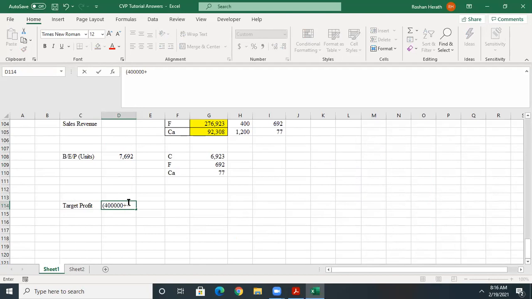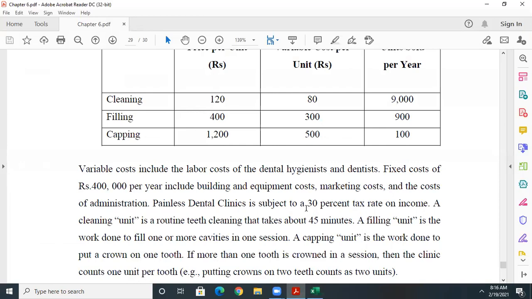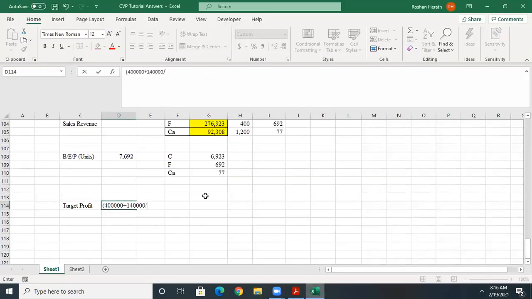the after-tax profit, 140,000. However, you need to convert this into a before-tax scenario. So this represents the after-tax. The tax percentage is 30%, so therefore this represents 70%.